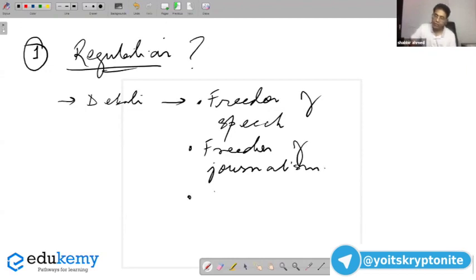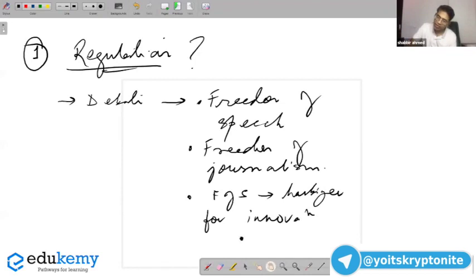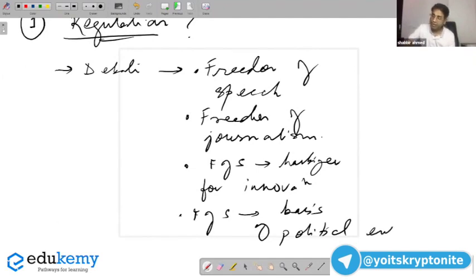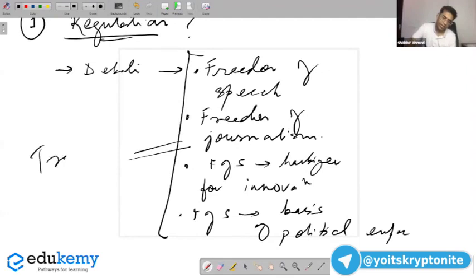We see freedom of speech as a harbinger for innovation. Freedom of speech as the basis of political empowerment. This has been the traditional view of things.